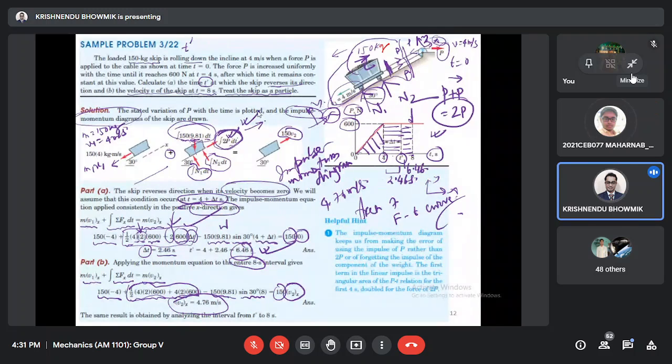Yes, sir. Actually, the trick is initially it was in the downward direction. In between, it has started moving in the other direction. From where we are getting these directions, I will tell you. Let me erase it. Very nice problem this.